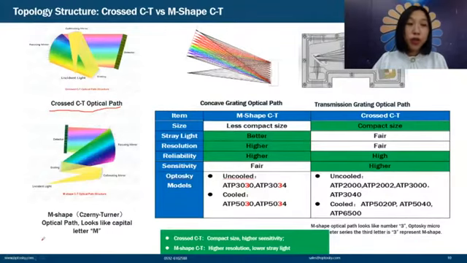But not to forget about the M-shaped CT. You see, it's just like a capital letter M, and it's an unfolded optical path. So we call it M-shaped CT. M-shaped CT has a bit larger size, but the resolution is better, the straight line is better, and the reliability is very good.